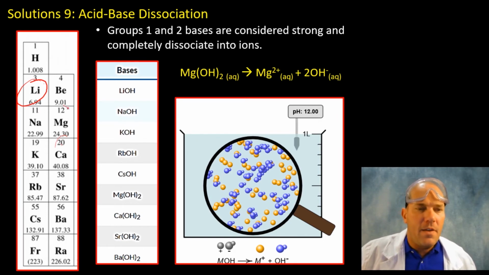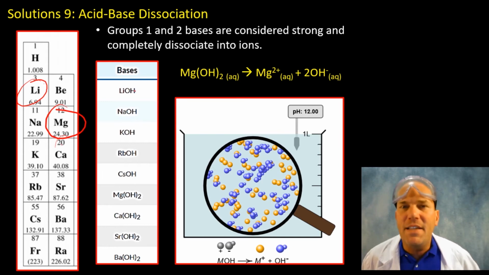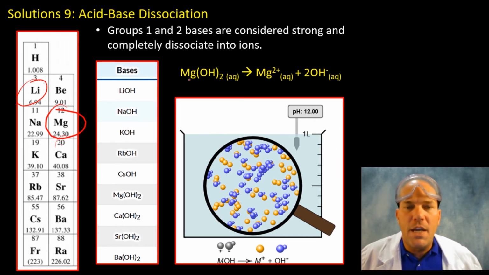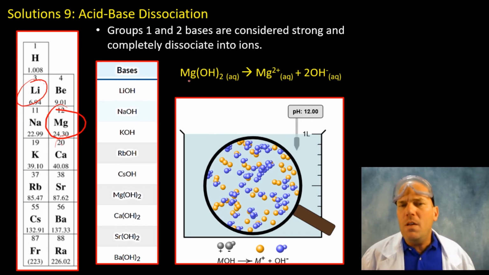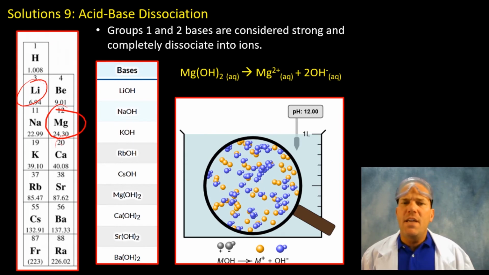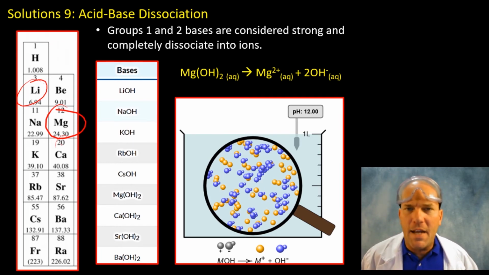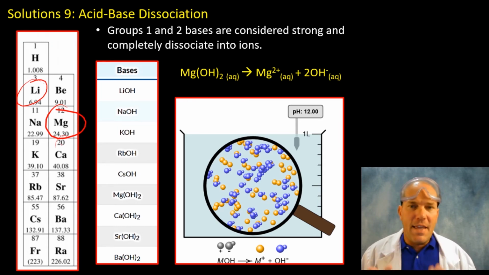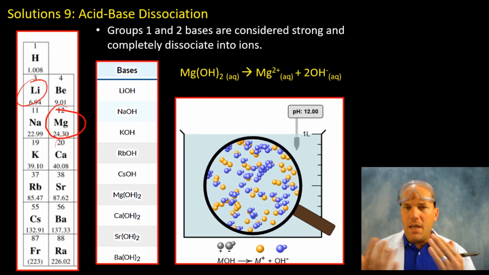So I have an example here of magnesium, and you can look at the magnesium dissociation here, and you can note for every mole of magnesium hydroxide, it will dissociate into 1 mole of the cation and 2 moles of the hydroxide anion. So we're looking at our ratios there as well.